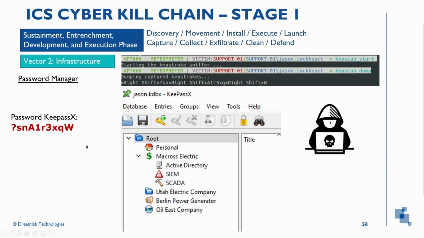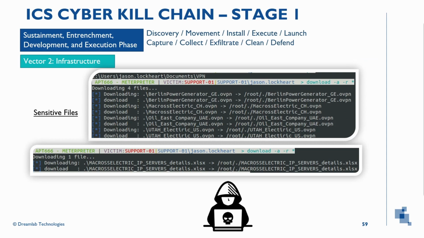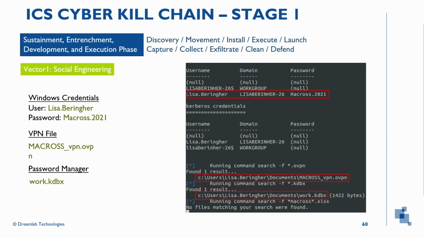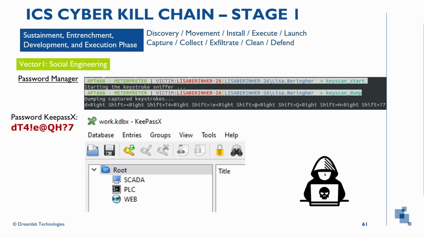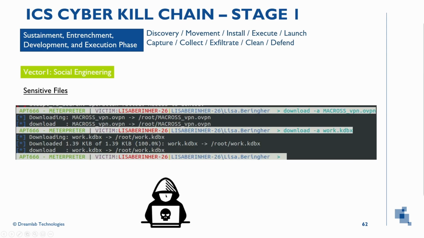So probably this will give us domain admin immediately without any other attack. Also sensitive files, same for Lisa. Lisa is an operator of the SCADA, so we are also interested in her password management database. So we add a keylogger in the attack.